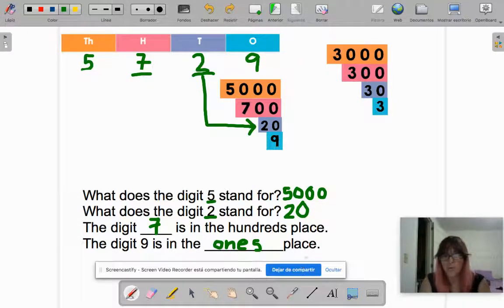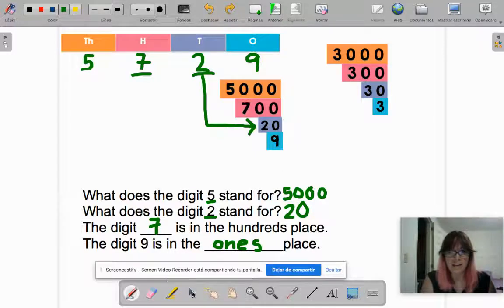No. Remember, when they ask you the place, you say ones, tens, hundreds, thousands. If they are asking you the place, in which place is it? If they ask you what's the value or what it stands for, then you say yes, it equals what. Okay? So that's all that we are doing today.